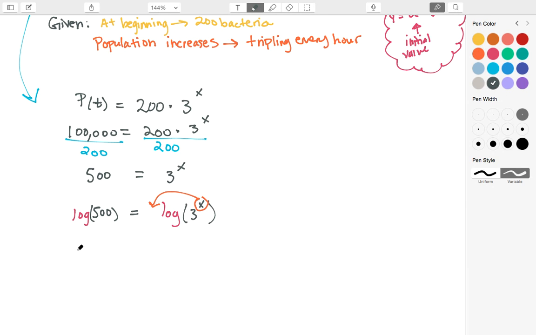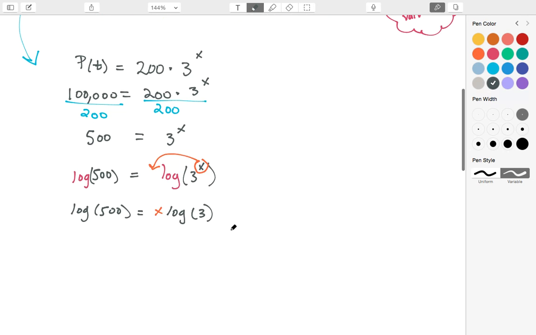So the new equation should look like this, where I have x times log of 3. And then from there, I would want to isolate x. I can isolate x by dividing by log of 3 on both sides, or I can also simplify this 500. I'm going to do that first, actually.